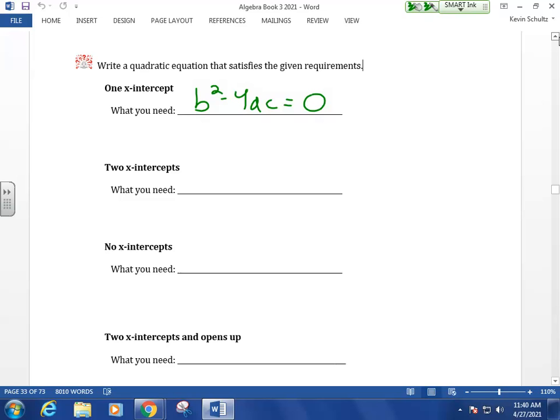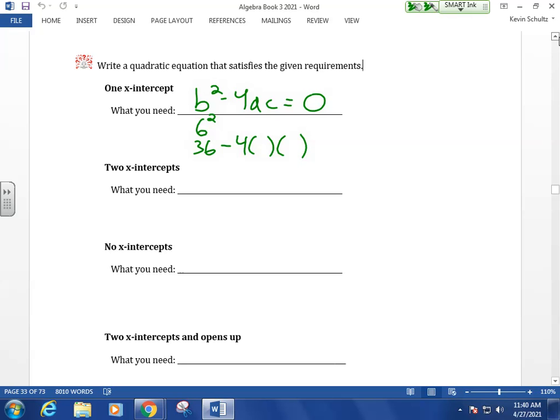Yeah. Pick a value for b. Yeah. 6. So if we make b 6, which makes 6 squared 36, we're essentially looking for a value for a and a value for c that multiply to make what? 36.